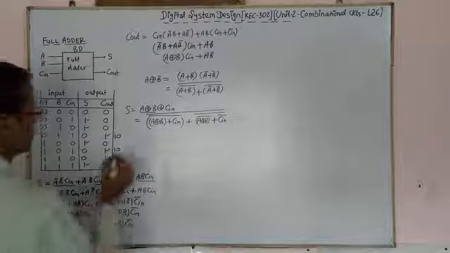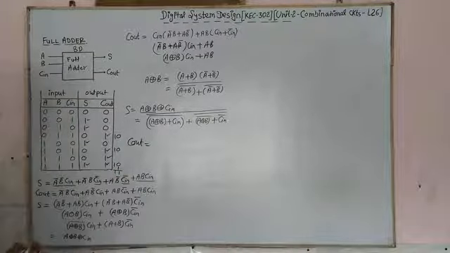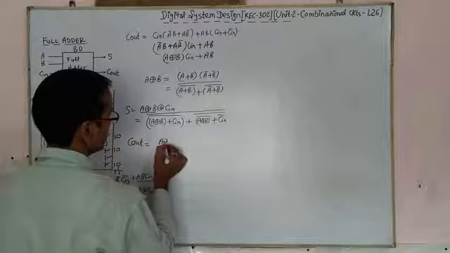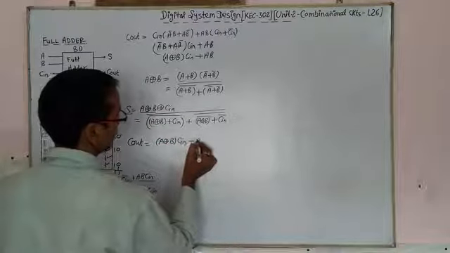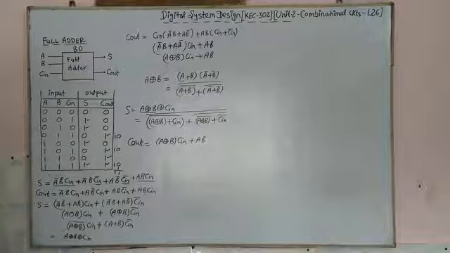Similarly, Cout. You have A XOR B, C in plus AB. So what will we do?